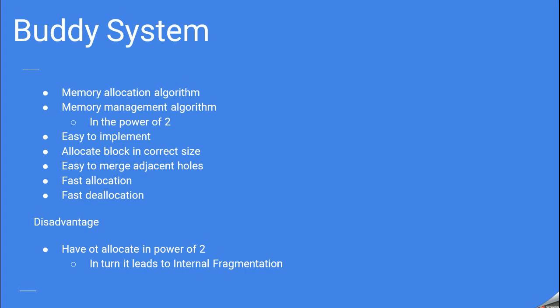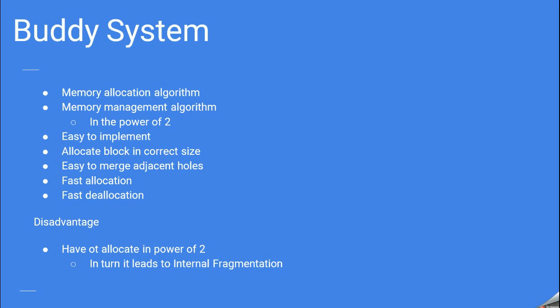It is easy to implement, and we can allocate the blocks in a correct size. It is easy to merge adjacent holes. Holes means the space emptied when memory moves out; it is easy to merge the adjacent holes. If we have a memory allocation in powers of 2, we call it the buddy system memory allocation. This is a kernel level memory allocation.